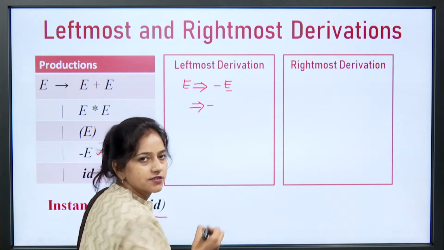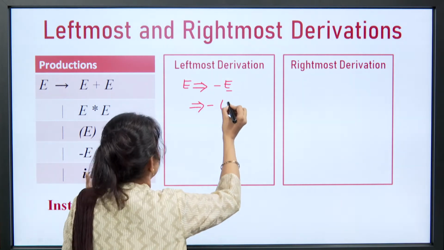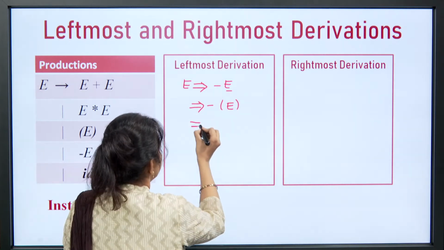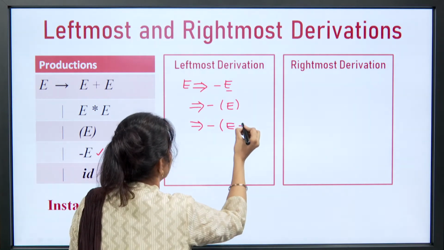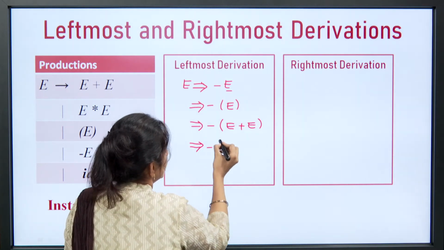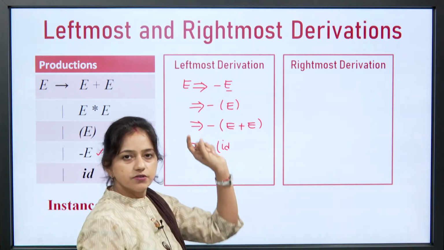So, this is the first non-terminal E. Now, this should be replaced with opening parenthesis E and closing parenthesis. Next is this one, and now this E should be replaced with the first alternate, that is E plus E. Next, this E should be replaced with id because we are talking about leftmost derivation.